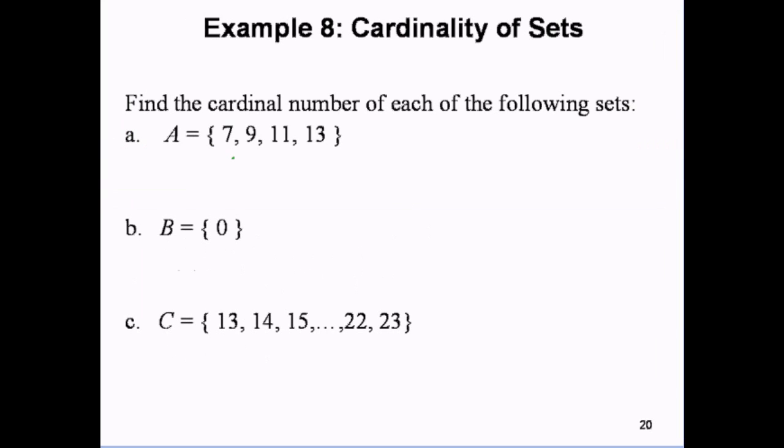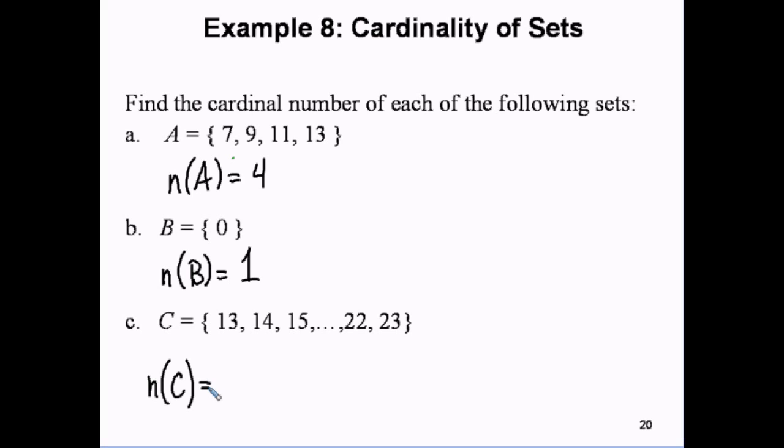So we're going to find the cardinal number of each of the following sets. The cardinal number of A would be 1, 2, 3, 4. Cardinal number of B, 1. Cardinal number of C, now we've got 1, 2, 3, 4, 5 numbers listed, but we have to account for the numbers in between here.